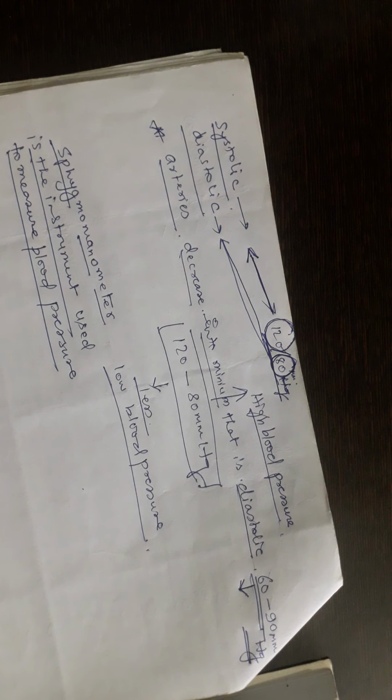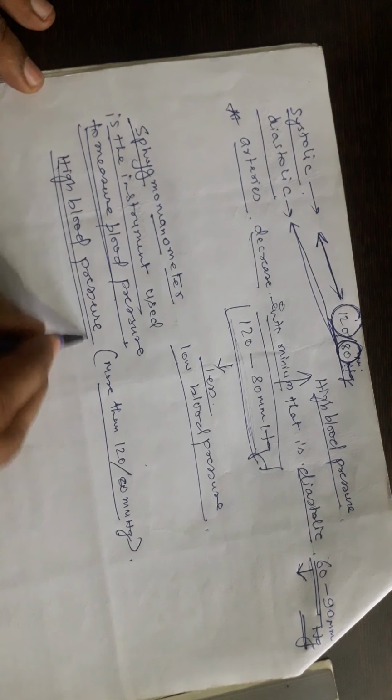Now comes the next one. If a person has more than 120 to 80 mmHg, then we say the person is suffering from high blood pressure.